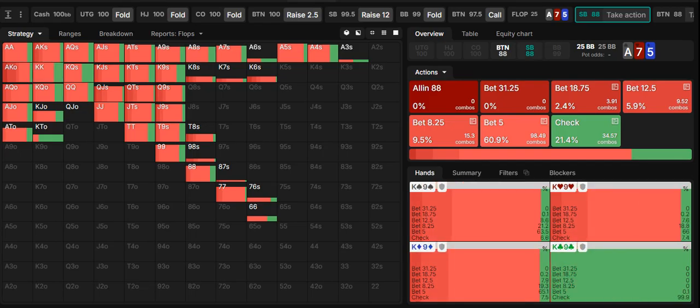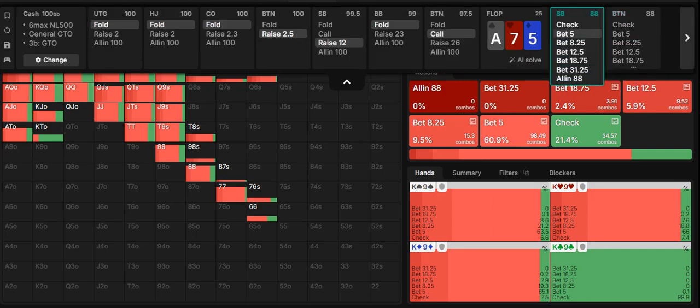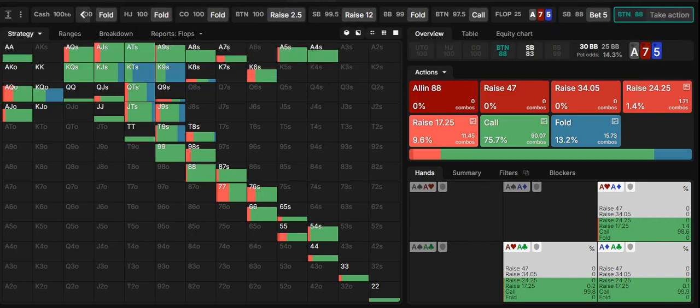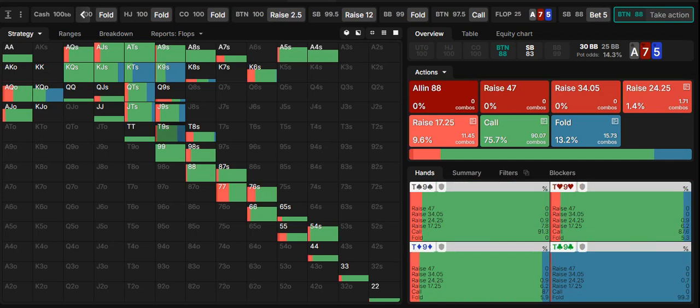So let's look at the solver. Remember, this is non-geometric bet sizing. So we bet small on the flop, right? Okay. What do you think we're targeting when we bet small? We're not targeting pairs. We're targeting floats. We're betting small to target 10-9.